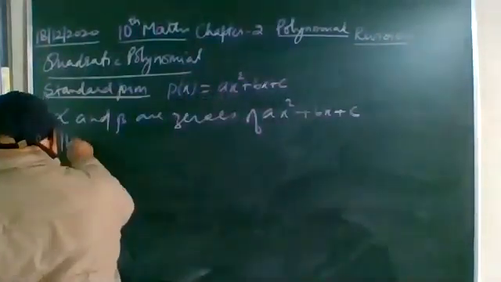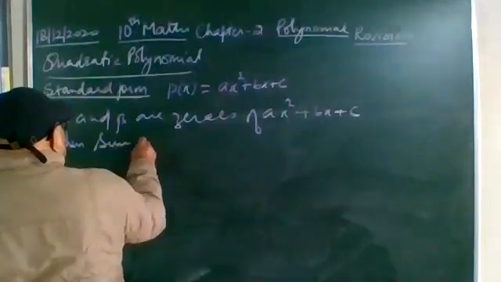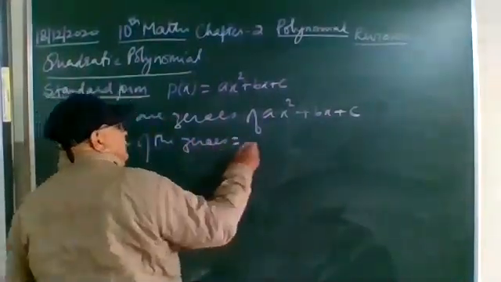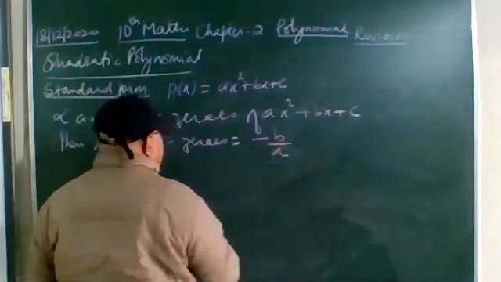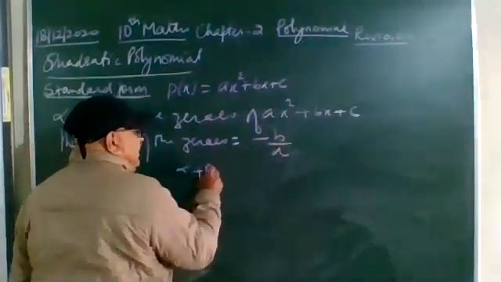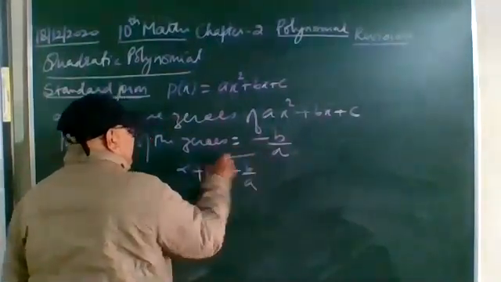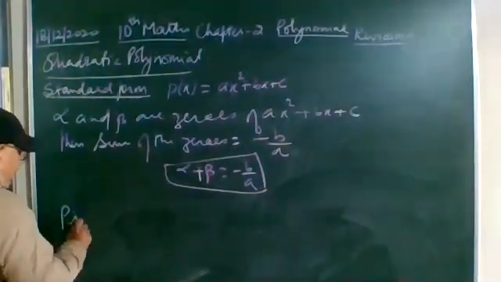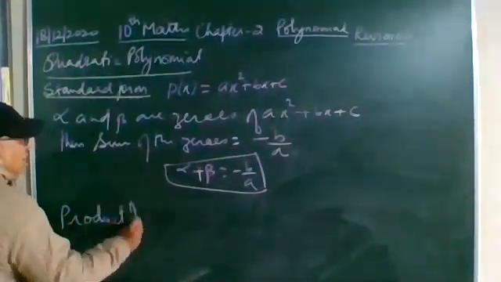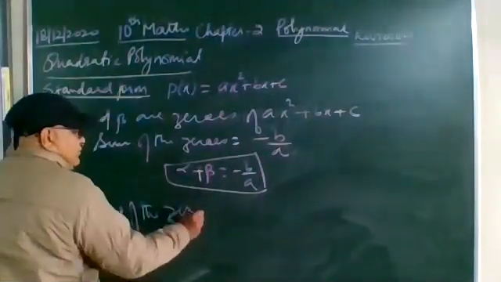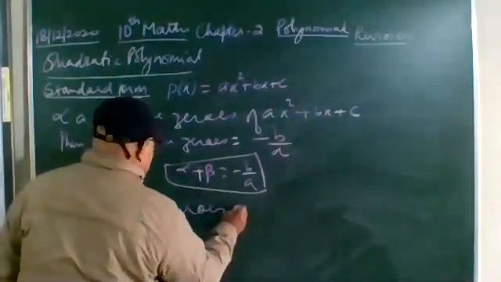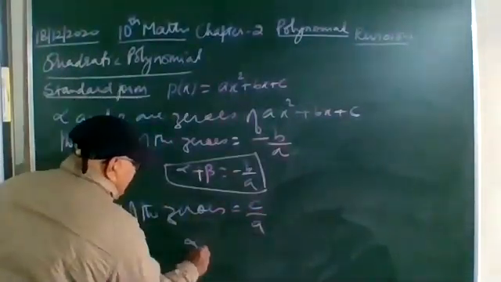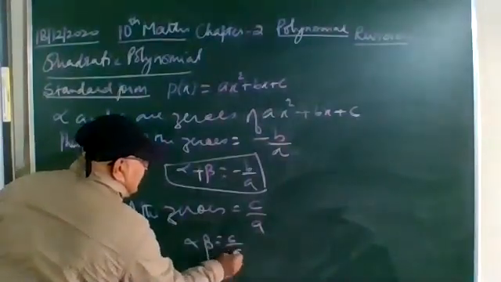Then the sum of the zeros is equal to minus b by a, that is alpha plus beta equal to minus b by a. After that, the product of the zeros is c by a, so alpha beta equal to c by a.